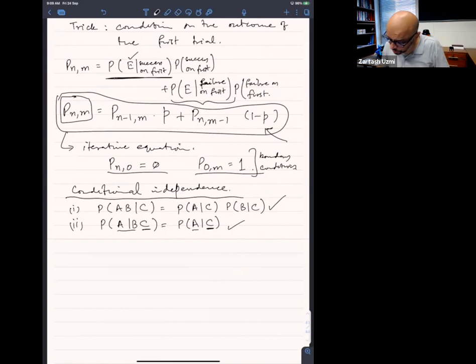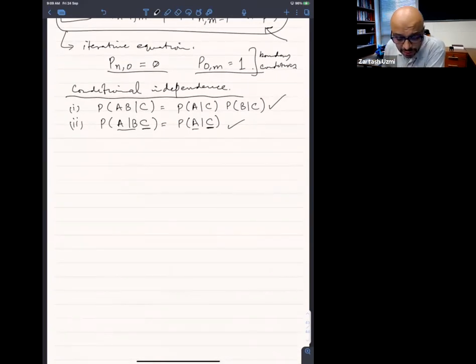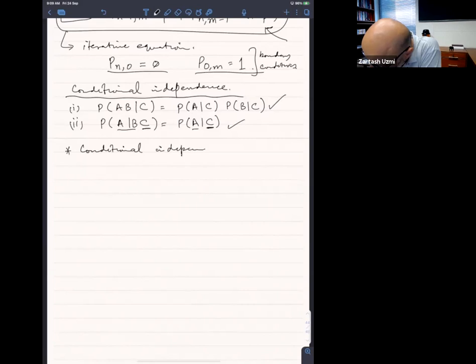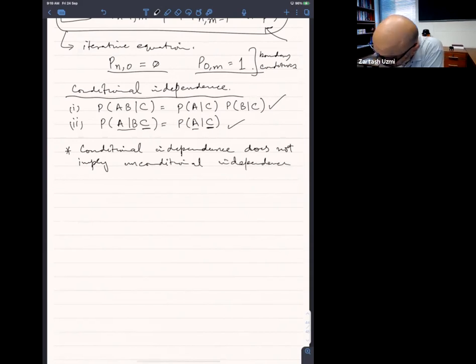Now conditional independence does not imply unconditional independence, and vice versa.